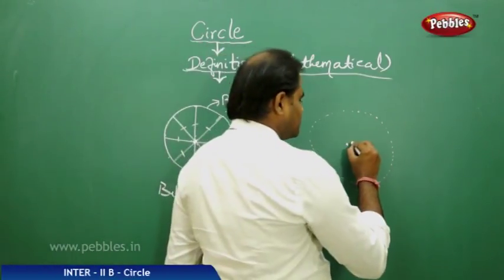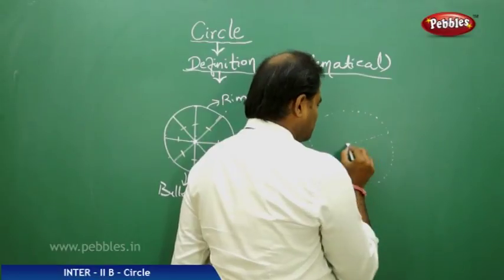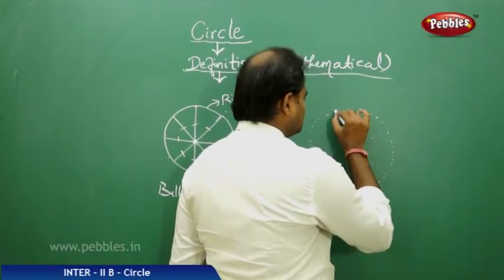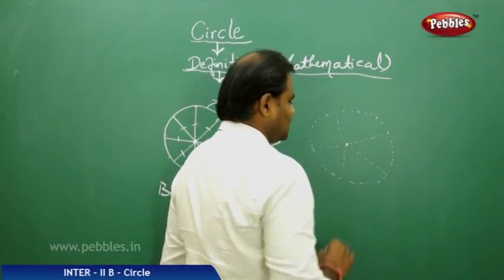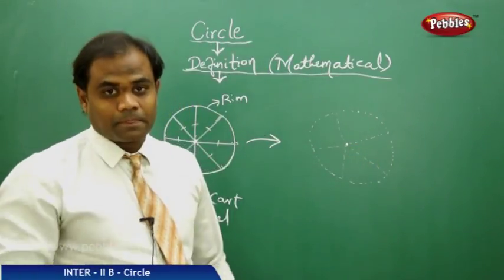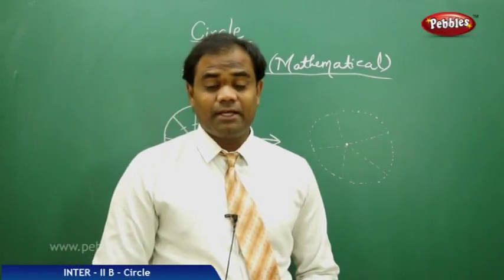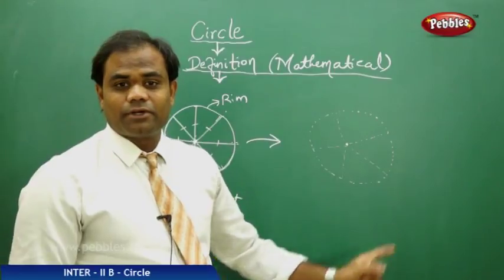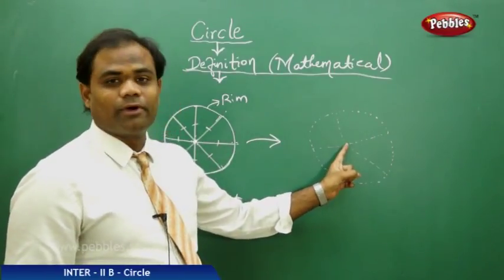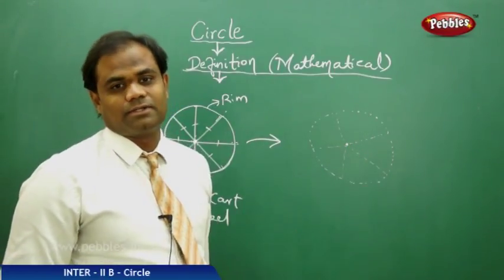Therefore, any point I take from the fixed point to this, to this, to this, or this are equidistant. Therefore, in the mathematical sense, I define a circle as the set of points in a plane which are equidistant from a fixed point, which is called the center of the circle.